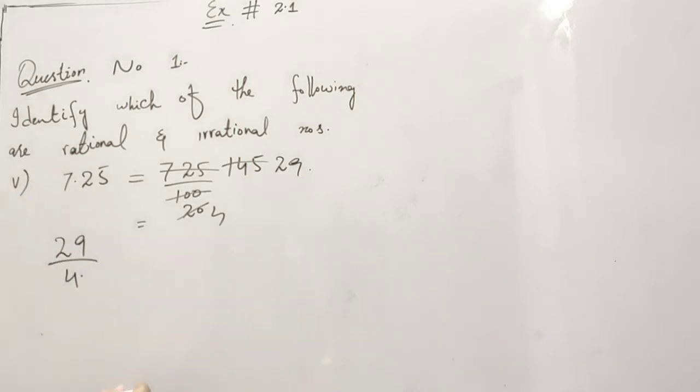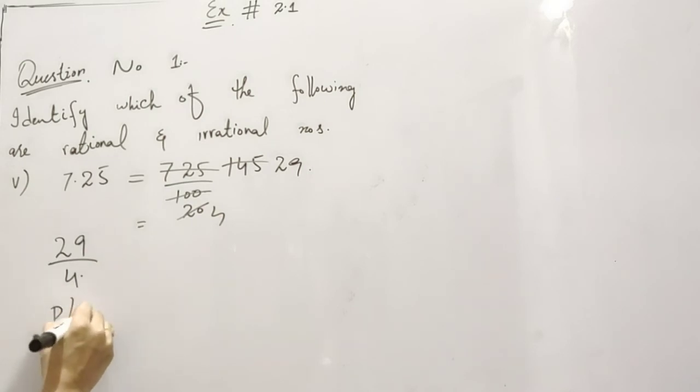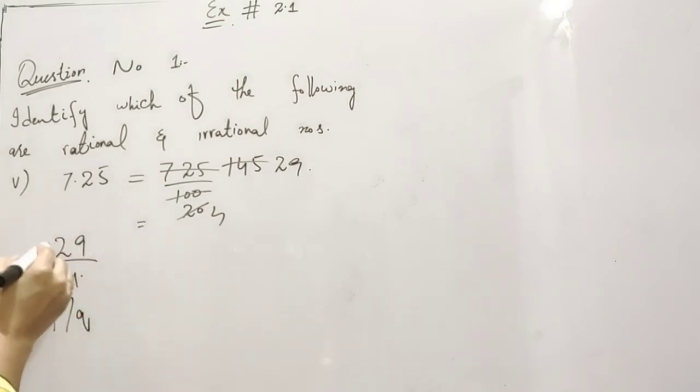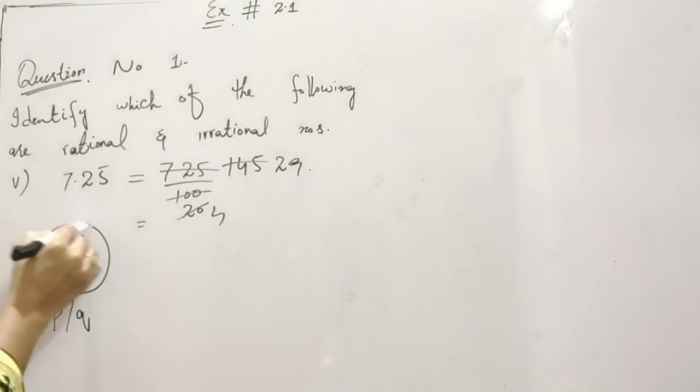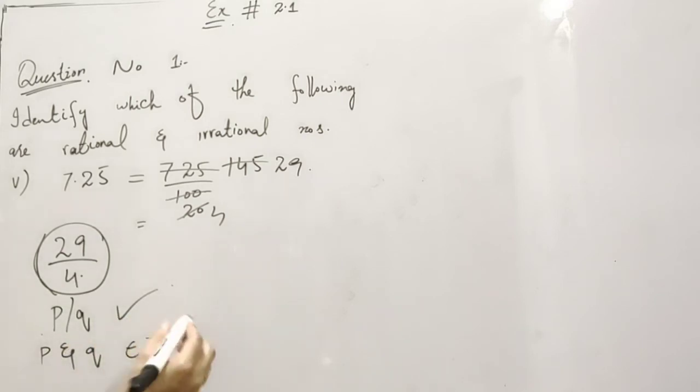Now we will check whether it satisfies the conditions of rational numbers or not. So rational numbers can be written in the form p over q. So it is of the form p over q. The first condition is true. The second condition is p and q belong to the set of integers.